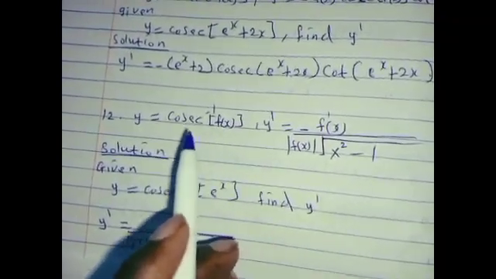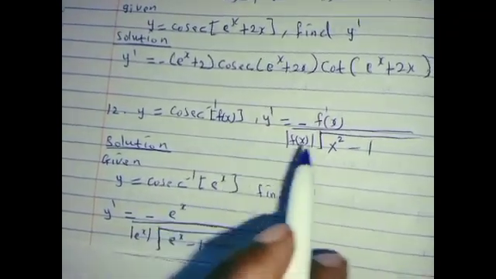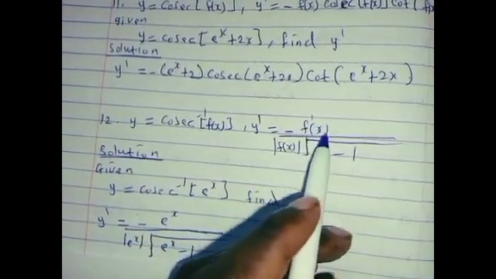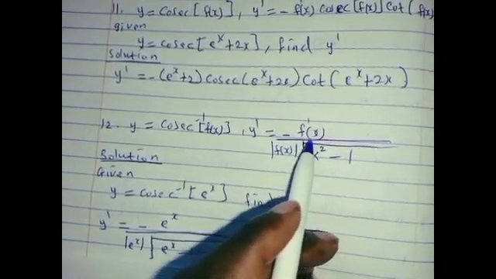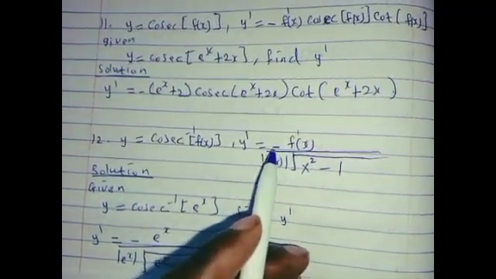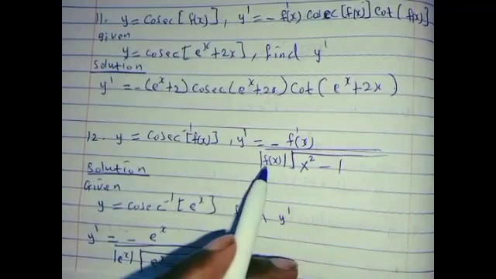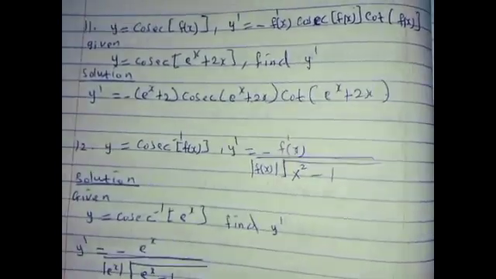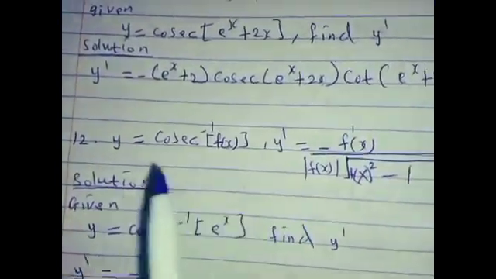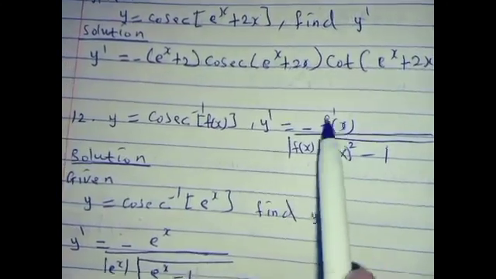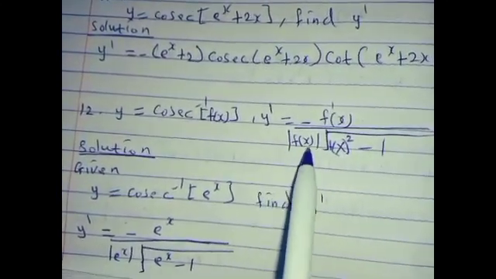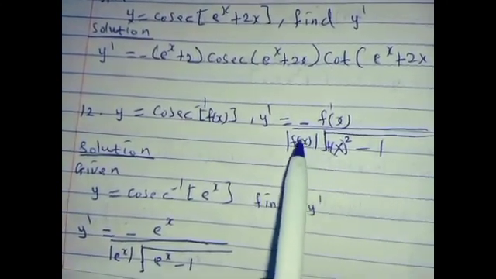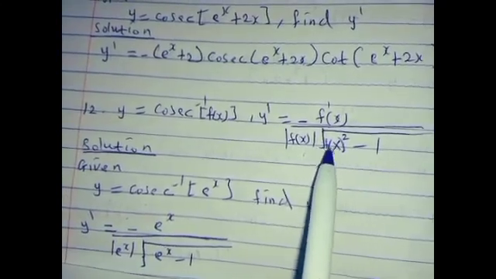This is found by y prime is equal to negative f of x prime, divided by the modulus of f of x, times the square root of f of x squared minus 1.